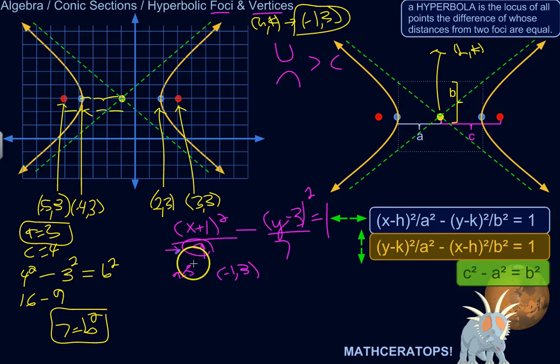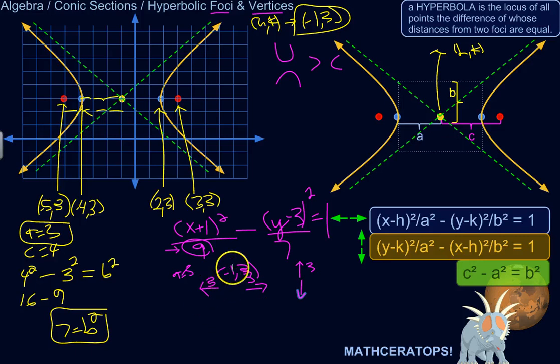So we know the distance is 3. Because it opens to the left and to the right, we go 3 units to the left and to the right of the center. If it were a hyperbola that opened up and down, we'd go 3 units up and 3 units down to find the vertices. But because it opens left and right, we go 3 to the left and 3 to the right.